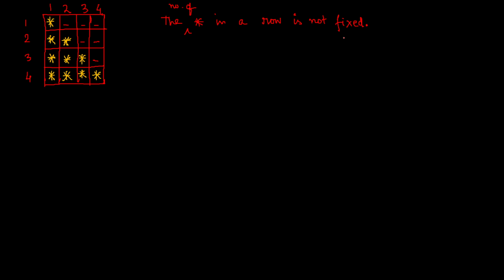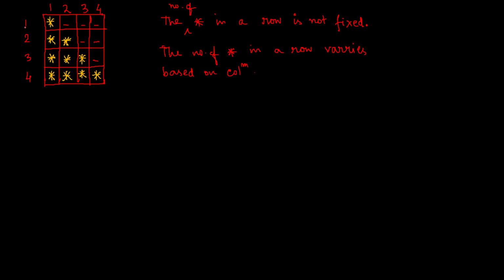Okay. You see, we can see one more observation: the number of stars in a row varies based on the column.